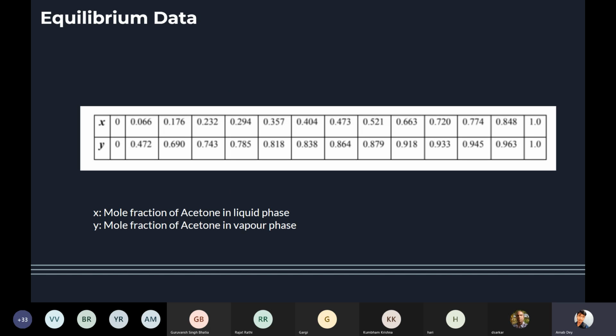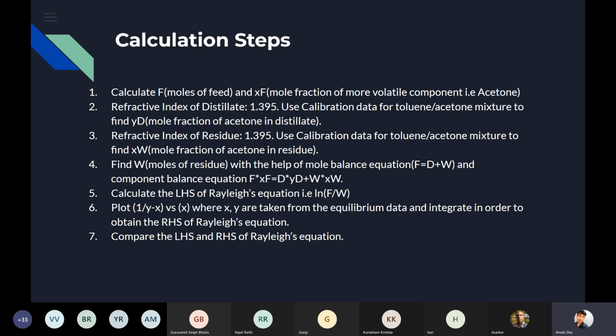Using that equilibrium data, you can plot 1 by y minus x versus x. Once we have that, we can find the area under the graph from xF to xW. That is basically the right hand side of Rayleigh's equation.